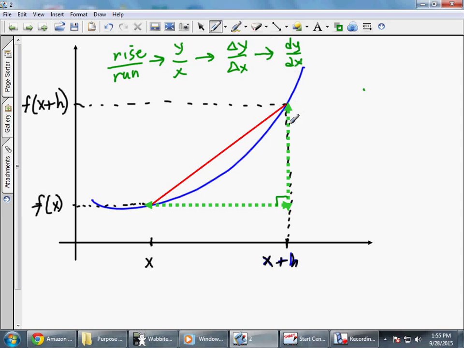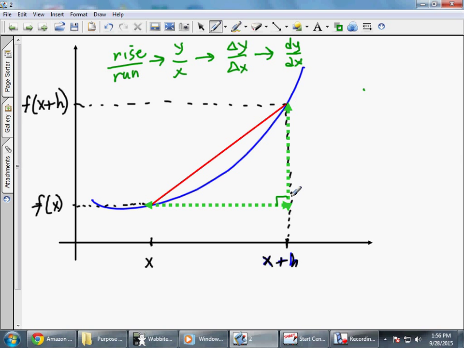For right now, if you're trying to do the slope of this red secant line, what do I get? The slope of the secant line, well, what do you think? Using what we have. Well, what's the distance right here, from here to here?